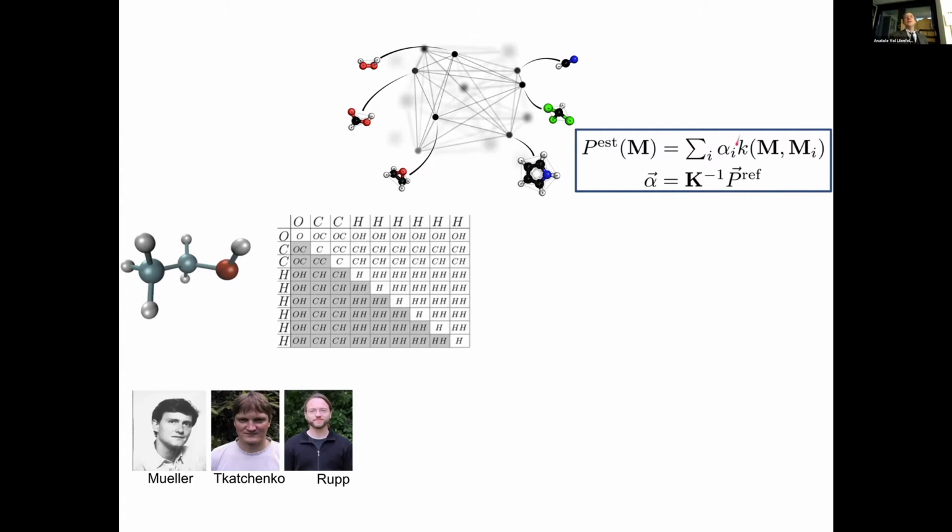There's a closed form solution for your alpha in terms of inverting a kernel matrix. This kernel matrix is the similarity between all your training instances. It could be regularized if you have noisy data. And you multiply that with your reference properties.